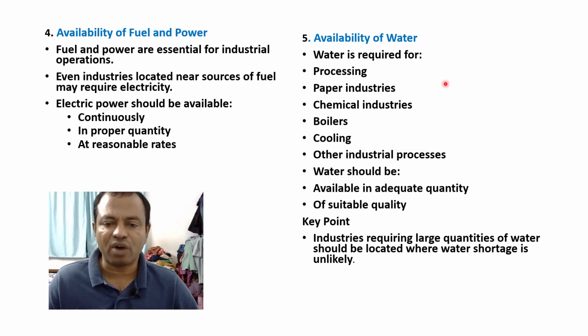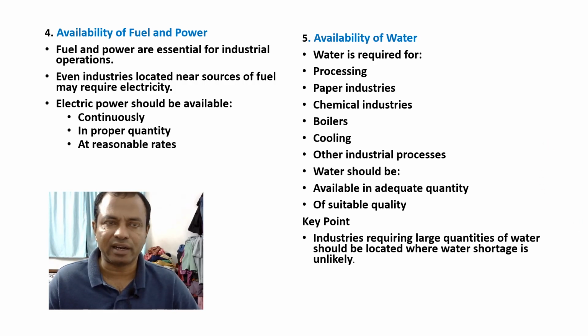Then availability of water. Water is required for processing industries, paper industries, chemical industries, and other industrial processes where water is required. So water should be available in adequate quantity as well as of suitable quality. That is important. Industries requiring large quantities of water should be located where water shortage is unlikely.